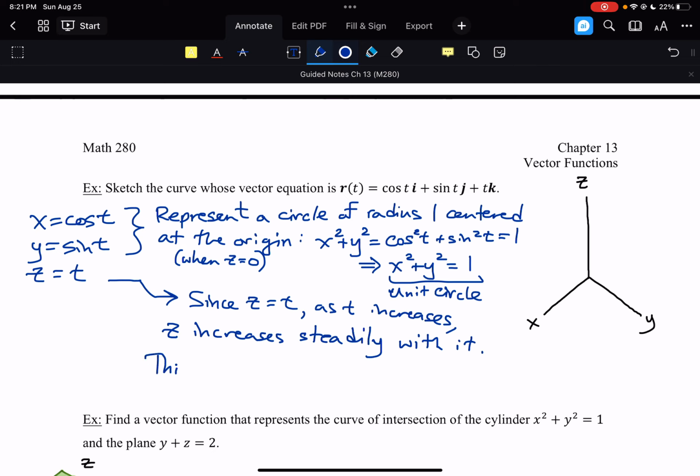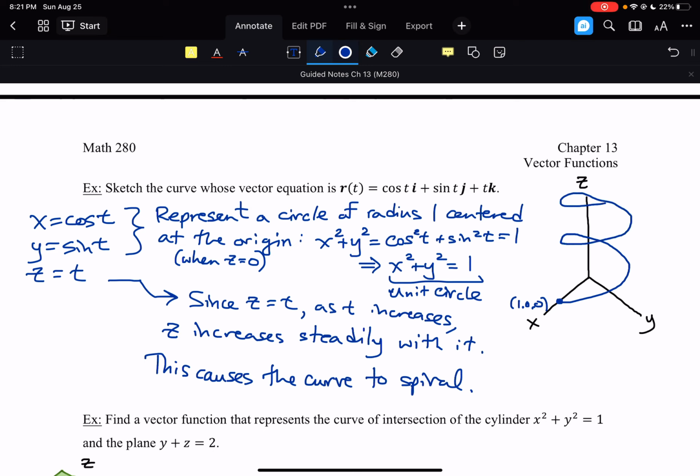So this causes the curve to spiral. If we started here at the point 1, 0, 0, we would trace the circle and it would start climbing as we went up. So you're getting kind of a spring shape, and it'll keep going like that.